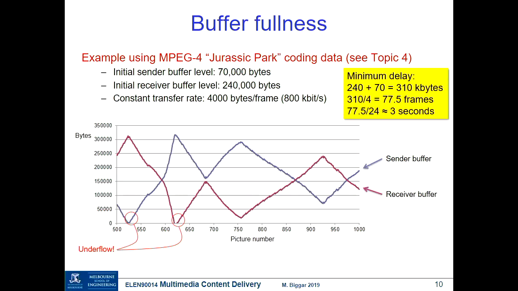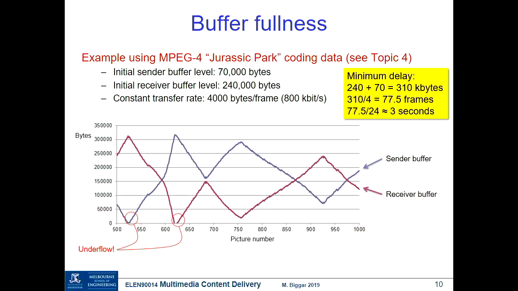But to do that little simulation, just to put some numbers around it, we preloaded the receiver buffer with 240,000 bytes. The transfer rate was chosen at 4,000 bytes per frame, only because that's about the average at which the data is generated over the long term.